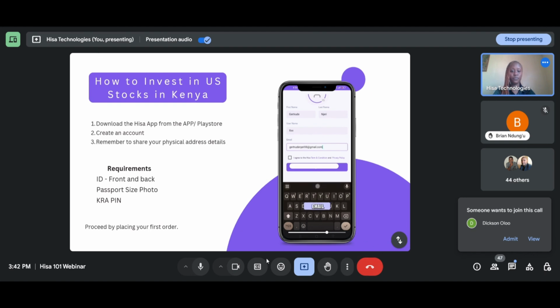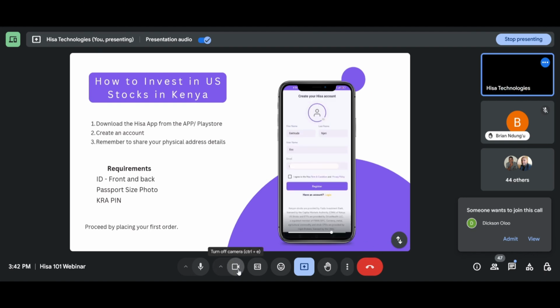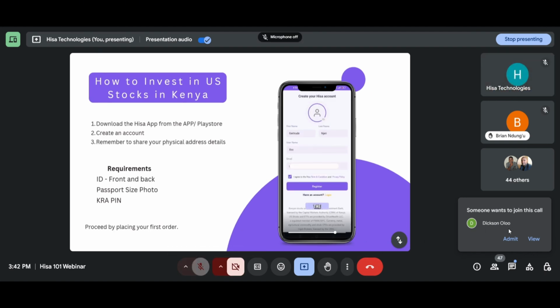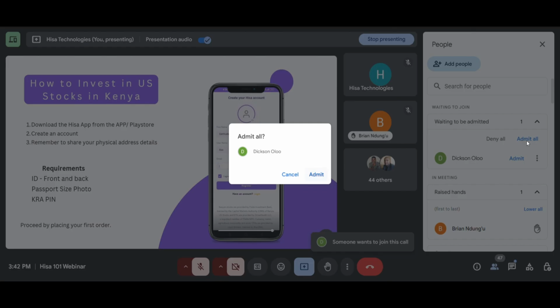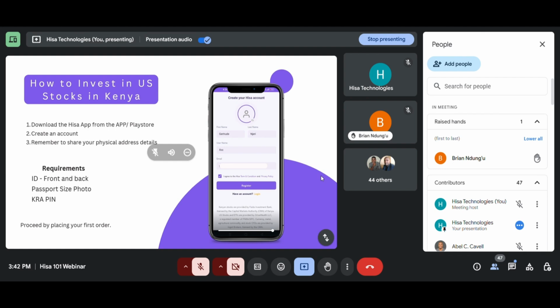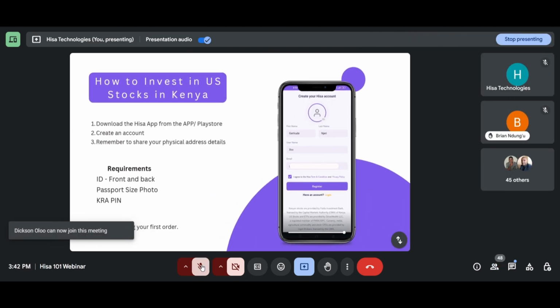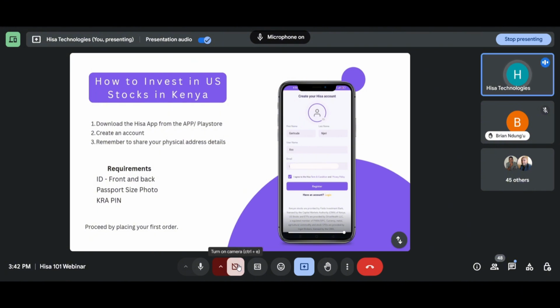Key in your email, your active email, and tap agree to the terms and conditions, then tap register. All right, there we have it. In very easy steps, you will be able to have an account on Hisa. So download the app and follow the prompts.